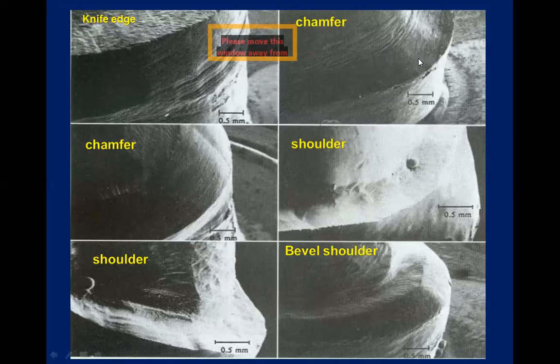In the upper chamfer, it is curved, but here it is flat, and they are used in a different way, but for metallic restoration. The shoulder, these are two pictures of shoulder, and in the last picture, the lower right one, you see two planes of finishing line or margin. We have the shoulder and its bevel like the chamfer.